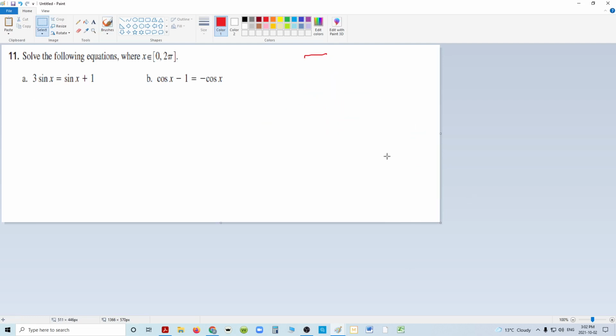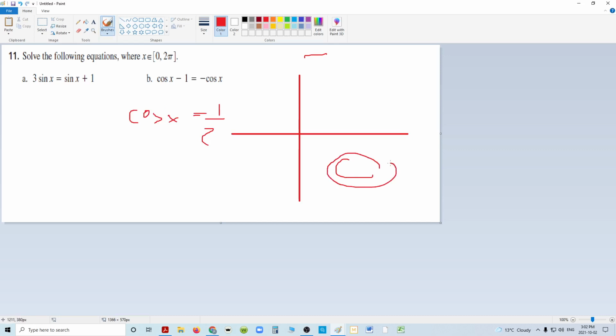I also determined for this one that the answer was positive 60 degrees. I had cos x is equal to positive 1/2. But cosine can be positive in this quadrant, and cosine can be positive in this quadrant. So I indeed figured out the first one, pi over 3, but I should have also figured out this one over here.